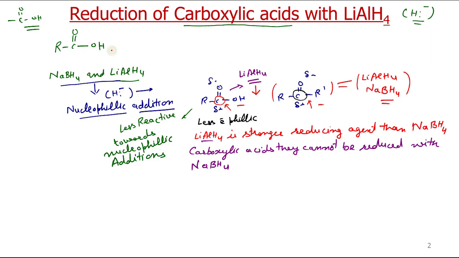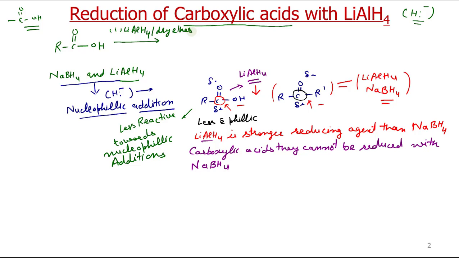If we have to write the reduction of carboxylic acids as a chemical equation, we can represent this as lithium aluminum hydride, used in dry ether.